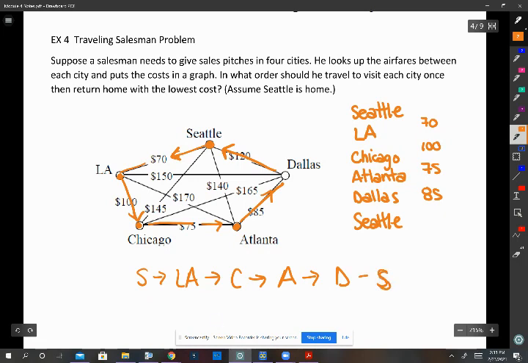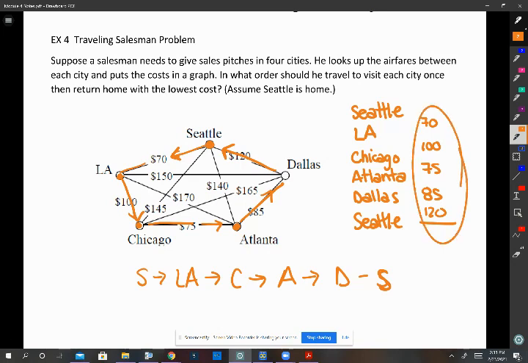And so, if they ask for the circuit, we would put in the letters. If they asked for the price, then we would add up the prices over to the side. So we would add all these numbers up. So just make sure you pay attention to the problem. Is it asking for the lowest cost, or is it just asking which order do I need to travel in?